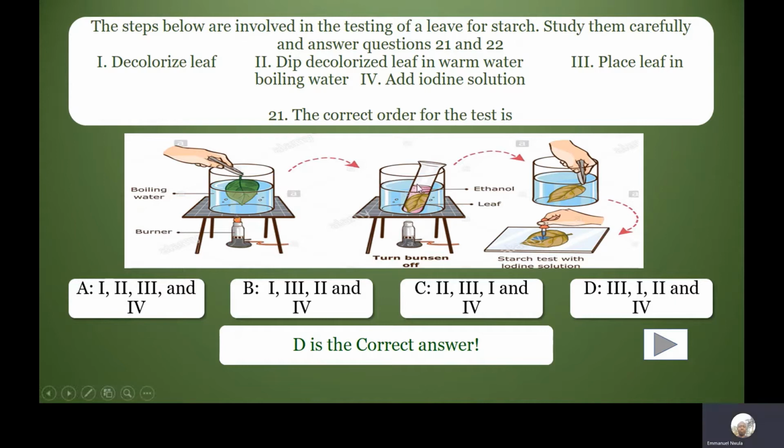And then you place it in ethanol to decolorize the leaf, to remove the chlorophyll. And then you put it in warm water to soften the leaf before you place it on a white tile, and then you drop iodine solution on it. So that's the correct order. So D is the correct answer here.